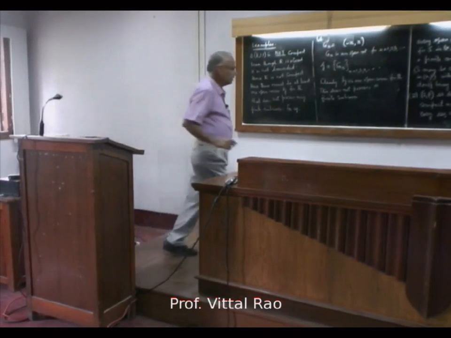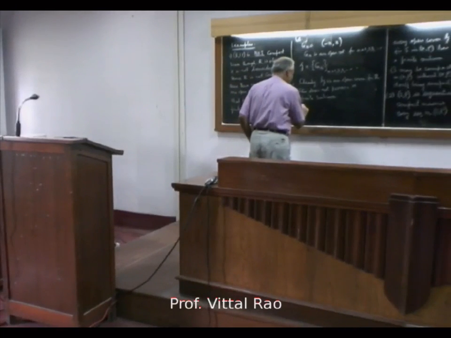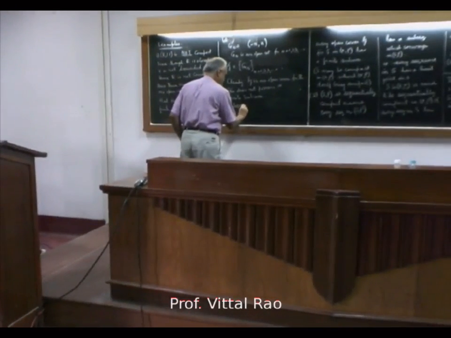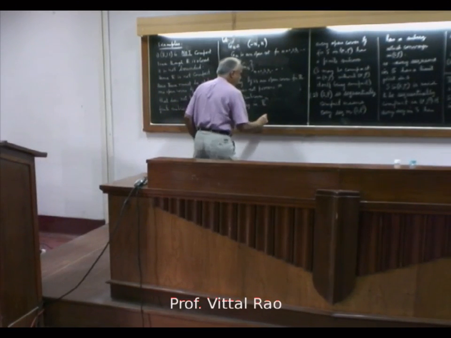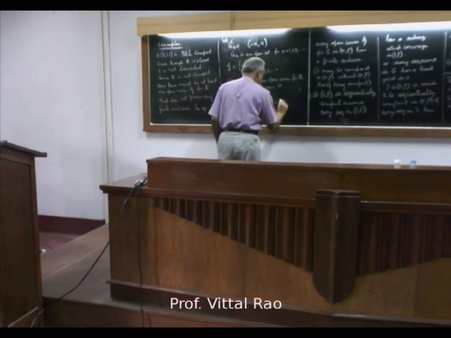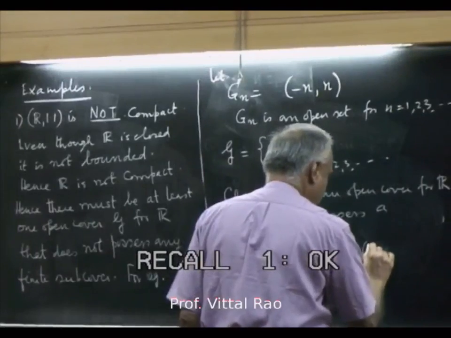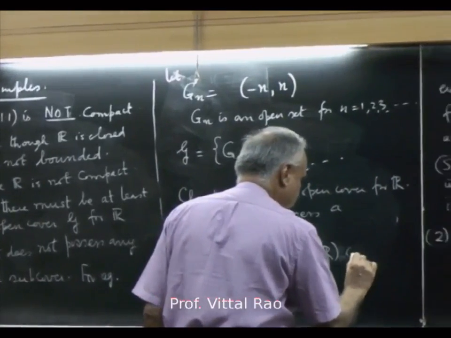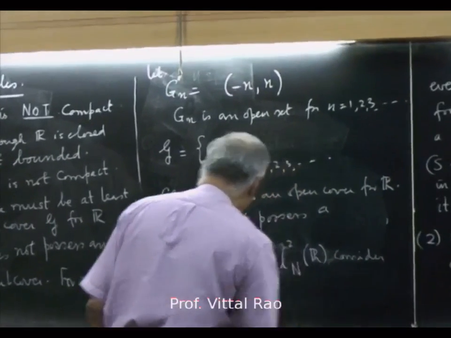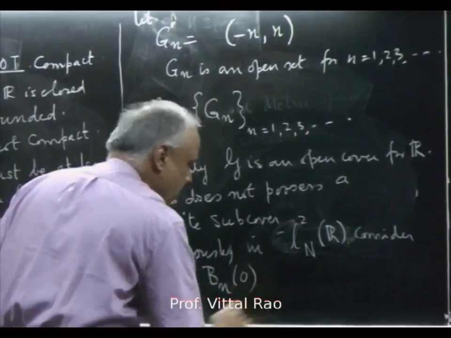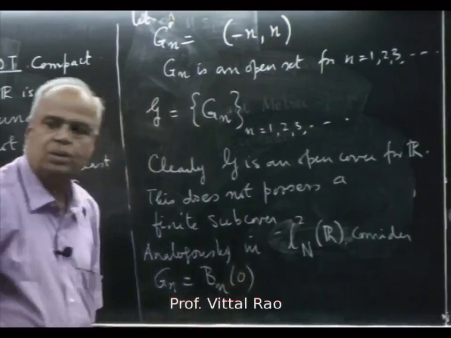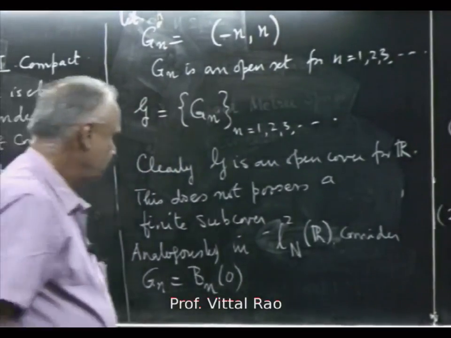So analogously in Rn, for the time being I will just put L2 n R, consider Gn equal to Bn(0), where 0 is the zero vector.